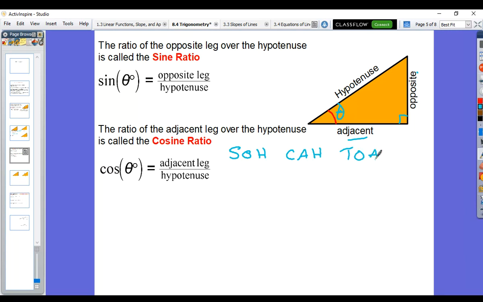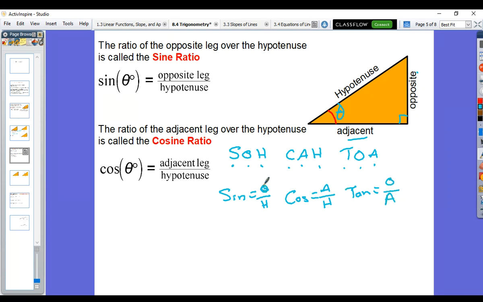Another way to remember this is the little saying: some old hippie caught another hippie tripping on acid. So some is sine, old hippie; caught is cosine, another hippie; tripping is tangent, on acid. It puts them all in order as to what part goes with what.